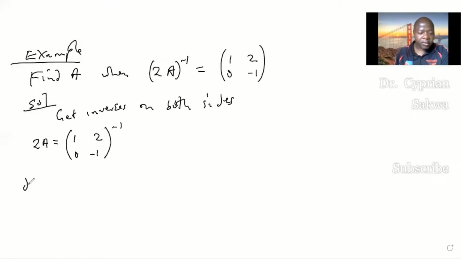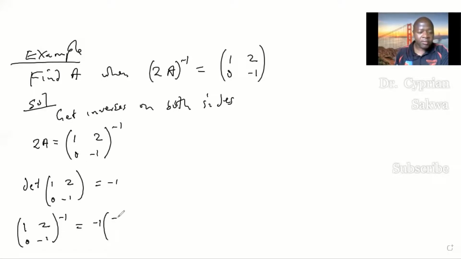The first thing we do is to find the determinant of the one on the right side. This determinant is negative 1 minus 0, which is negative 1. So the inverse of that will be 1 over the determinant, 1 over negative 1, which is just negative 1, times the adjoint of this.